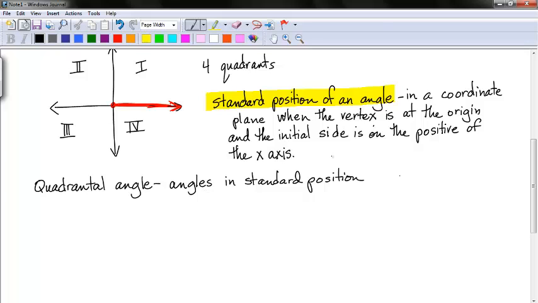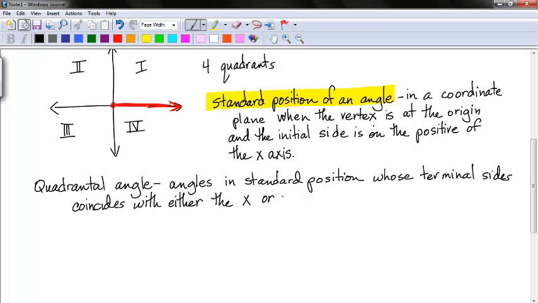It's angles in standard position whose terminal sides coincide with either the x or y axis.